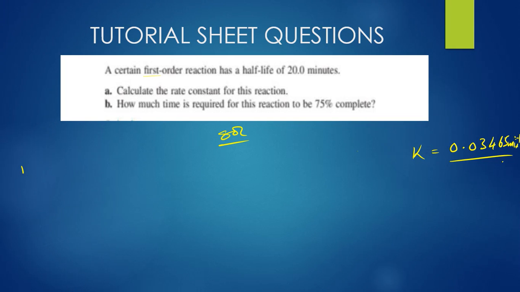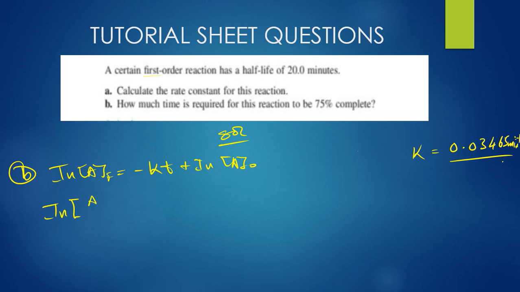So here on B, we're going to use ln of final concentration is equal to negative kt plus ln of the initial concentration, but this can take this form. ln of the initial concentration on top over the final is equal to kt, like that.